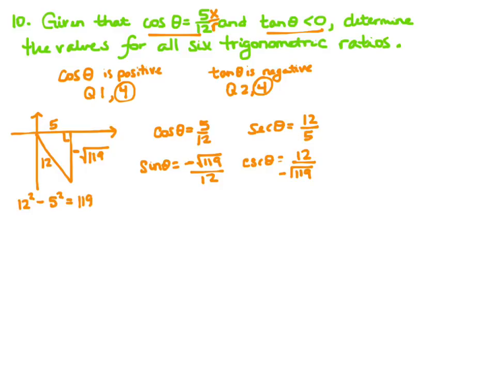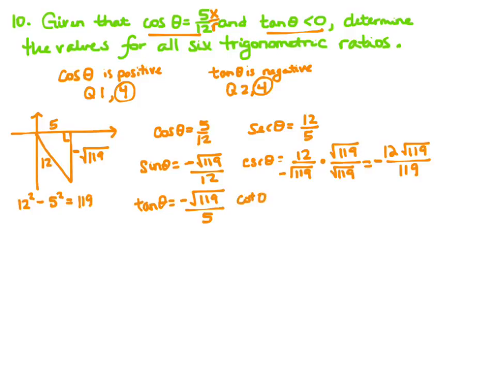Now I can't leave that 119 in the denominator, so we're going to rationalize: square root of 119 over square root of 119, and I get 12 times the square root of 119 over 119, and this value is still negative. All right, so now we're up to tangent. Tangent theta is y over x, which in this case is negative square root of 119 over 5.